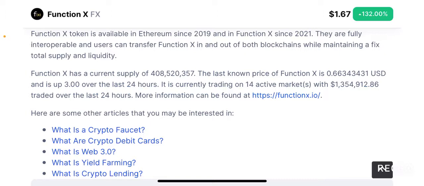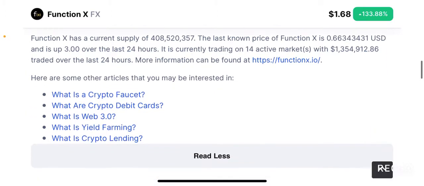But for Function X, they're trying to make it in such a way that this token has a fixed total token supply along with a fixed liquidity in each of the different blockchains where it's available. So that's one of the key uniquenesses of this platform.